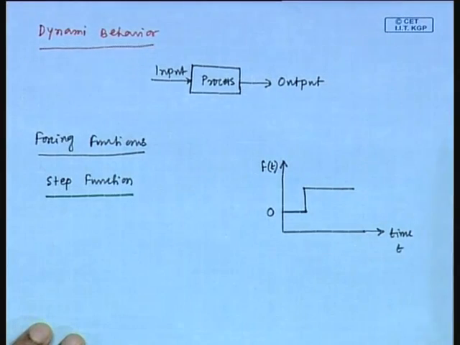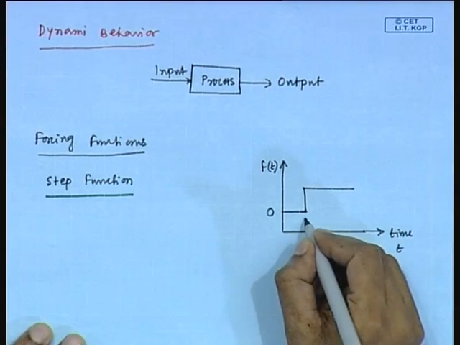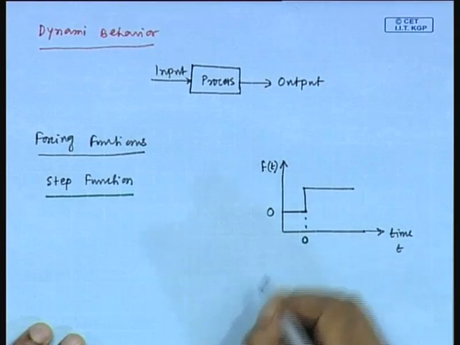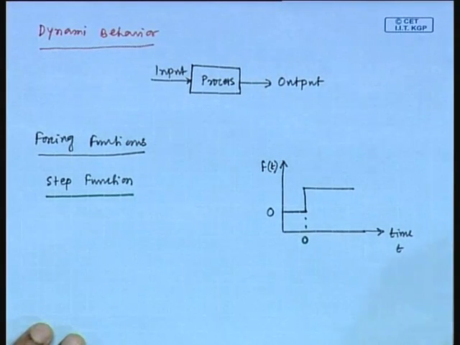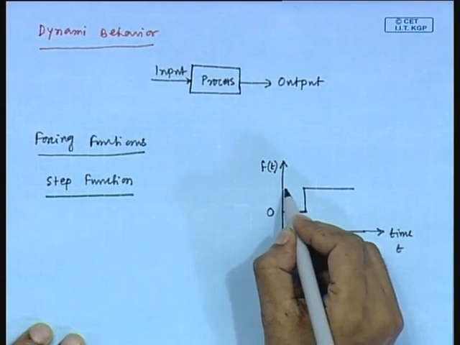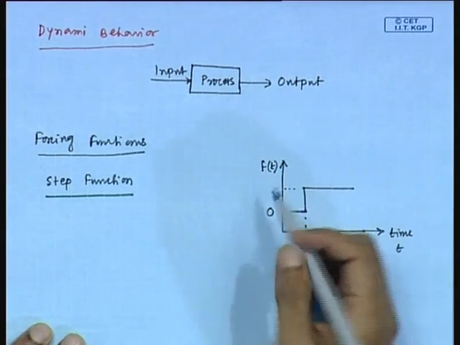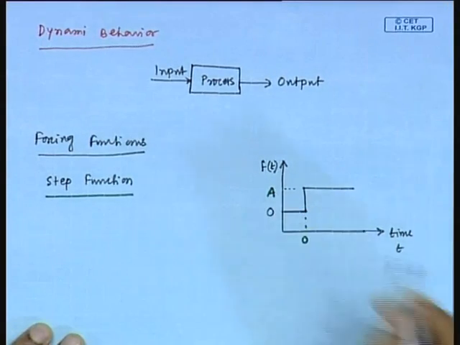Now, we are changing this f value at suppose time t equals to 0, and the magnitude of this change is suppose a. This is the step function which we have represented graphically here.